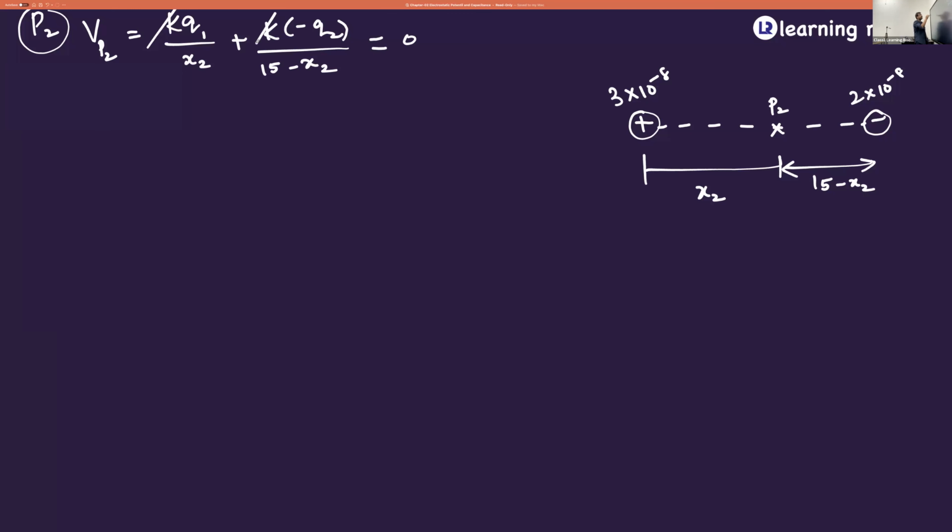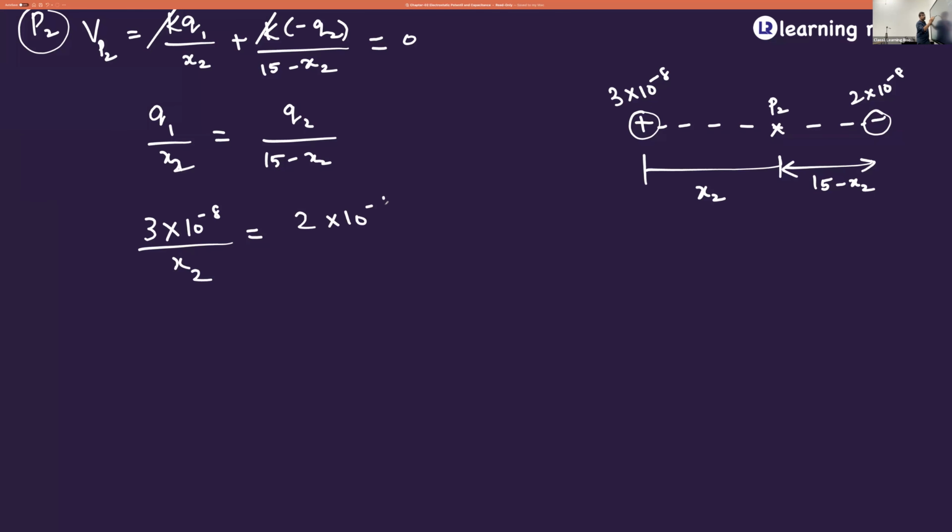So K and K will get cancelled. Q1 divided by x2 will be equal to Q2 divided by 15 minus x2. So cross multiply again. Q1 is 3 into 10 power minus 8 divided by x2 is equal to 2 into 10 power minus 8 divided by 15 minus x2. 10 power minus 8 and 10 power minus 8 are gone.